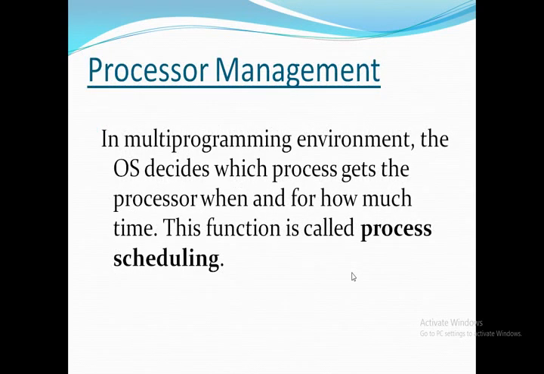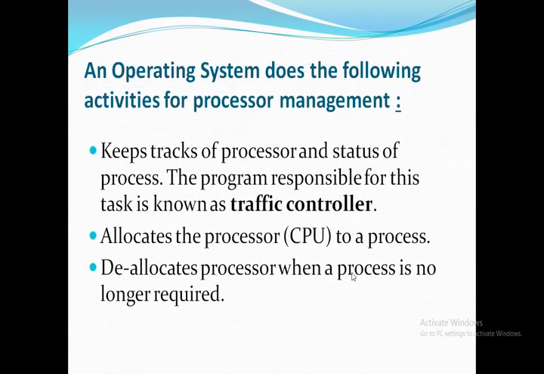Second is processor management. In a multiprogramming environment, the OS decides which process gets the processor, when, and for how much time. This function is called process scheduling. The operating system keeps track of the processor and the status of processes. The program responsible for this task is known as the traffic controller.